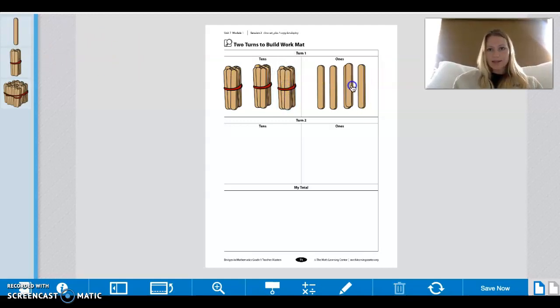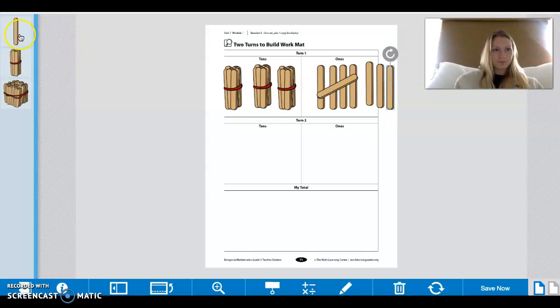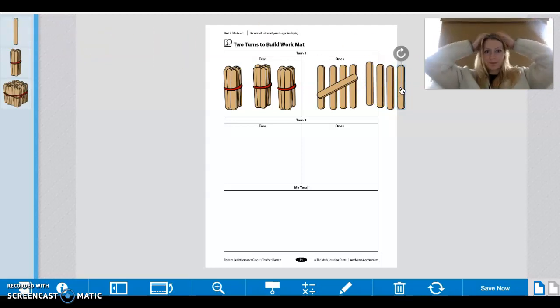But I'm going to add some more ones. This one's going to go across to make my group of 5. Let me just slide them over so that this one's touching. And I want you to think, what number am I showing you now? Hands on your head when you know.